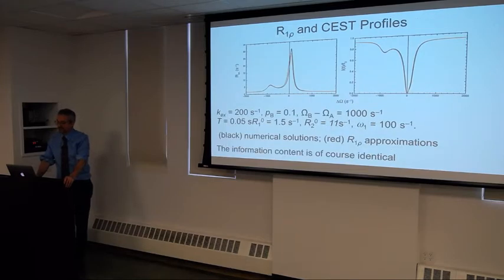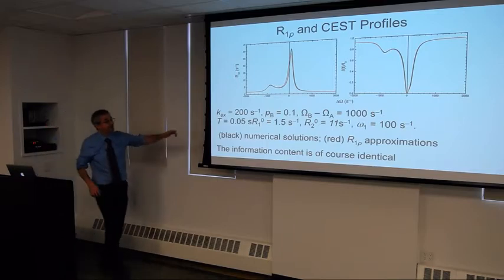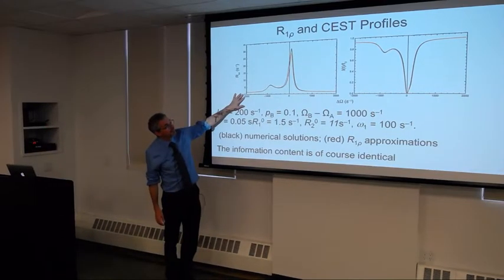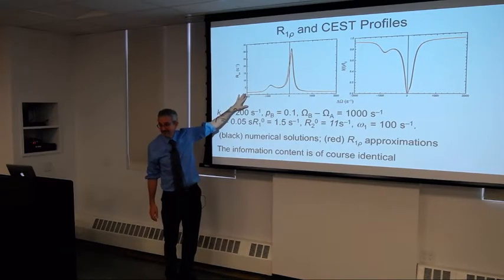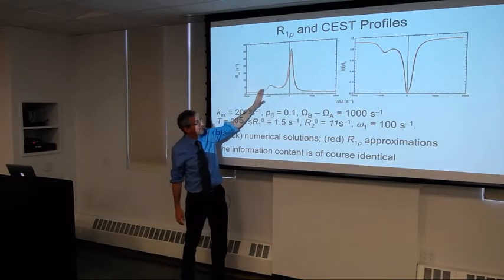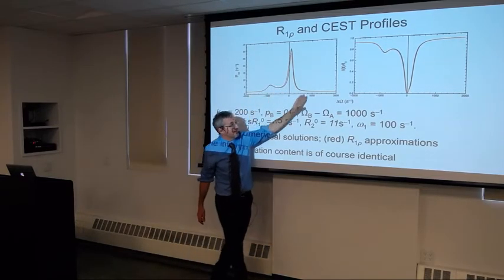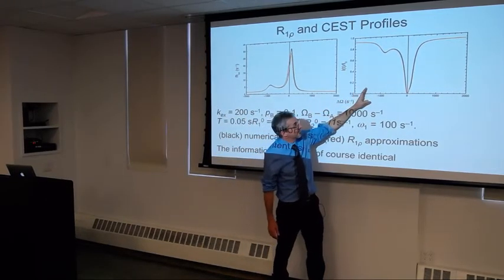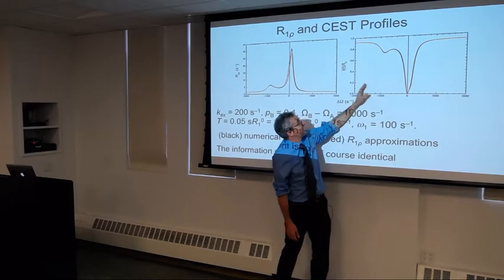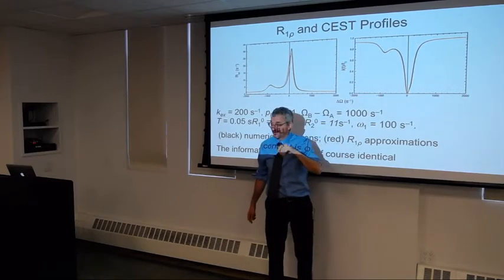This is to show the similarity between the two experiments. So here is an R1 rho experiment in which we measure the relaxation rate constant as we step the RF field. And here's the identical system in which the CEST experiment is done. The RF frequency is shifted and the intensity is changed.